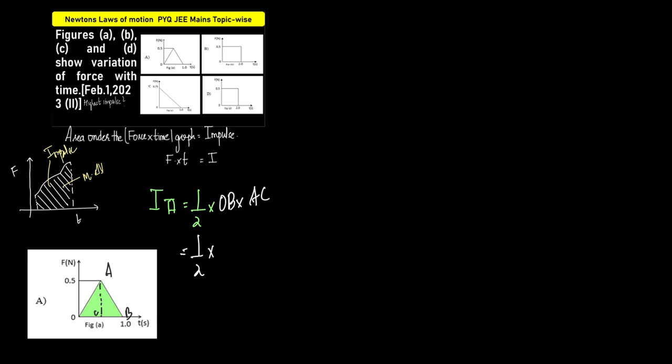OB is 1.0, so it is 1 into AC is 0.5, so it's half, 1 by 2 is 0.5, so 0.5 into 0.5, which is 0.25. So we got IA is 0.25. Now let us see what do we have for B.